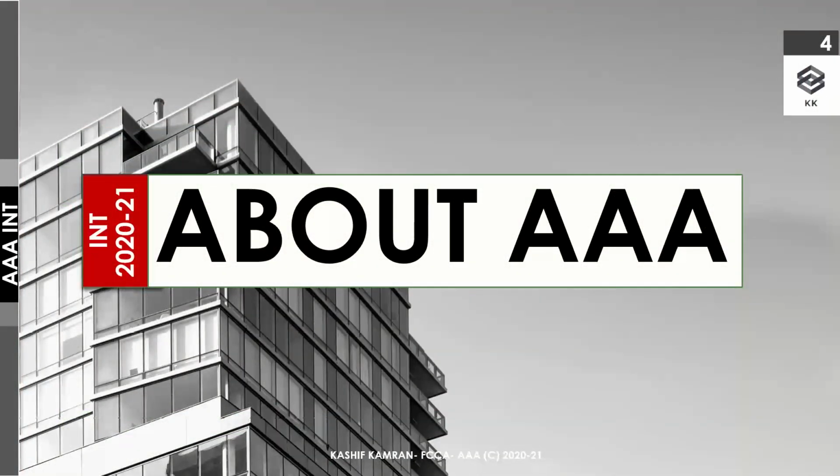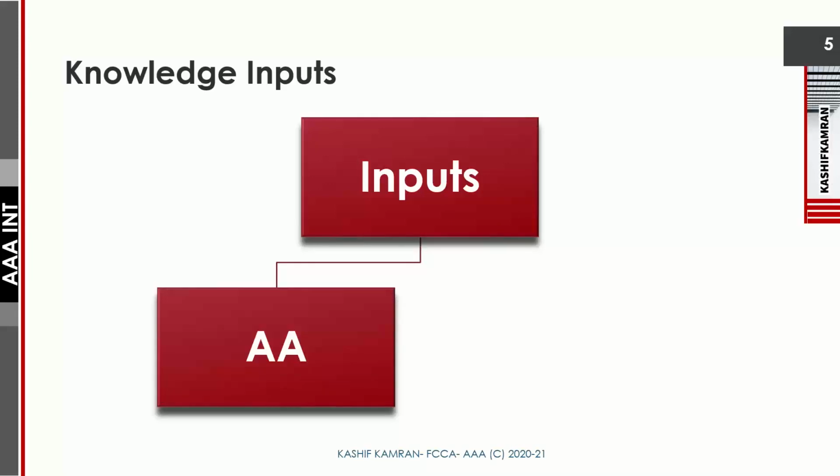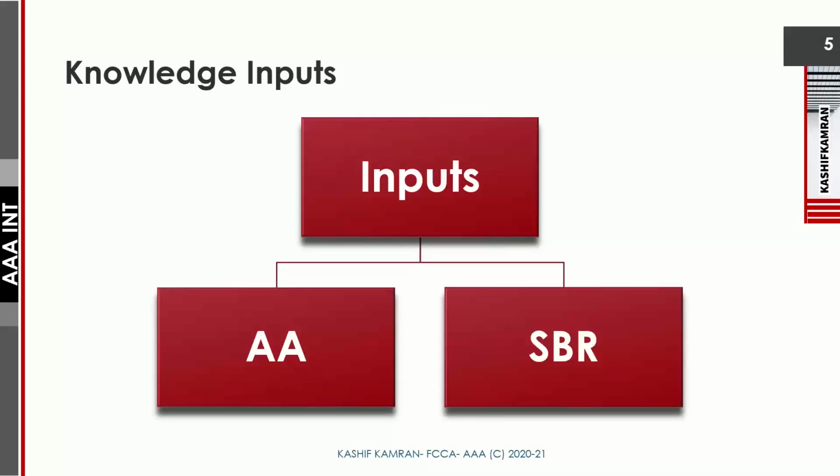Now, about the AAA paper. The very first thing you should be knowing about the AAA paper is the knowledge inputs. There are 2 knowledge inputs required for the AAA paper. Number 1 is the AA paper, and number 2 is the SBR paper. Now, you should be well versed in these 2 papers.